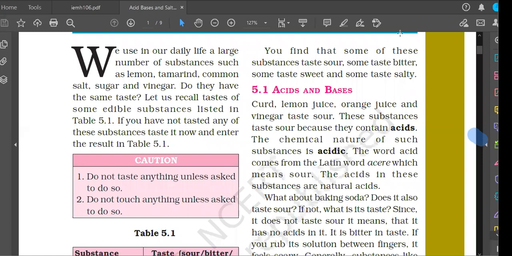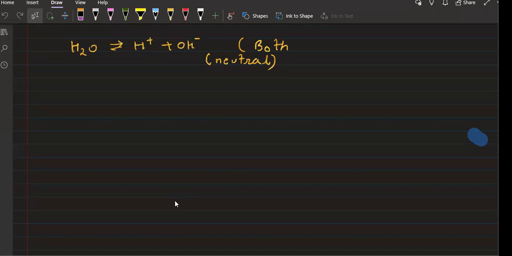Yes, they taste sour. So actually it is a property of acid. So we will write it like this. Properties of acid and base.